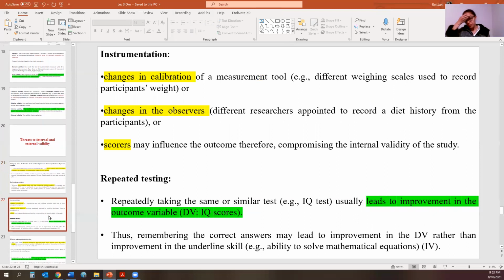Okay, instrumentation. This is really simple, guys. And so let me tell you an example to explain this again. So I had these students who were, say, under my supervision, and they were going out in the field for data collection. And we had this well-calibrated weighing scale, and they had to take this weighing scale.